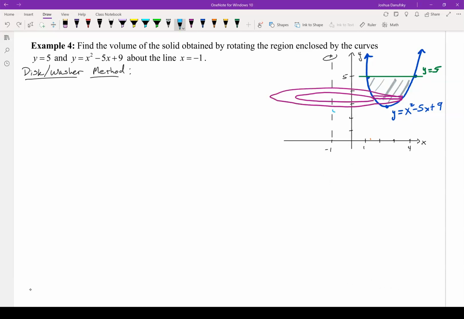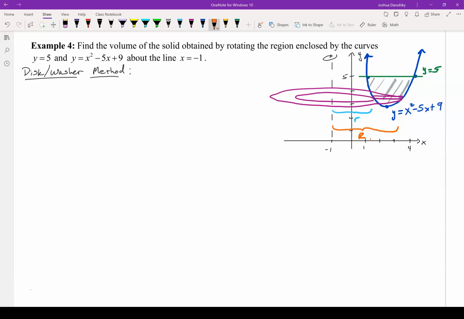Now, little r is going to start at -1 and go to this side of the parabola, whereas big R is going to start at -1 and go all the way over to this side of the parabola. And so that means we're going to have to rewrite our function y equals x squared minus 5x plus 9 as two separate functions of y, the right half of the parabola and the left half of the parabola.